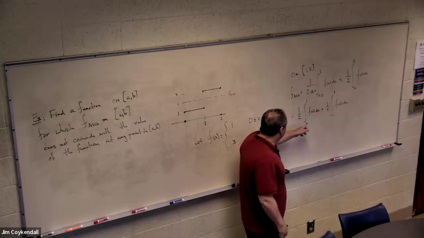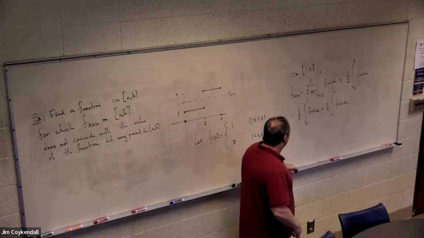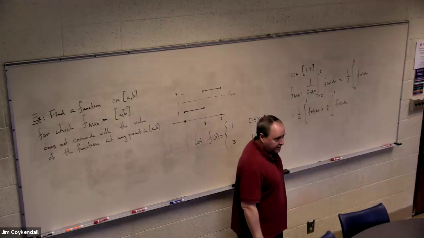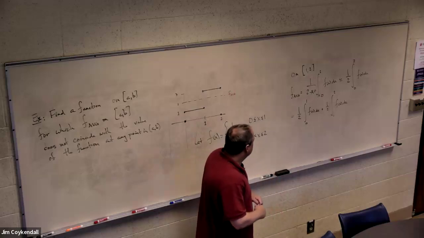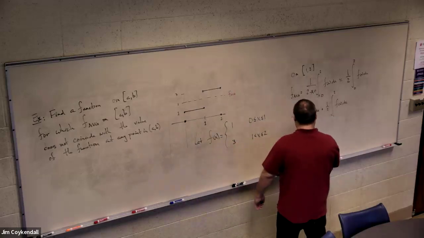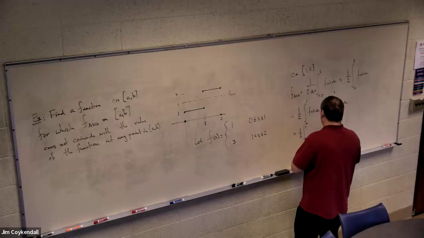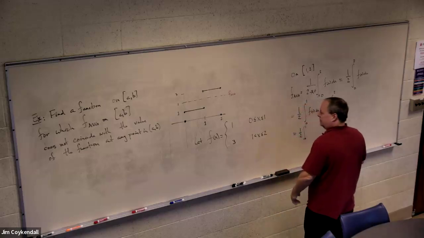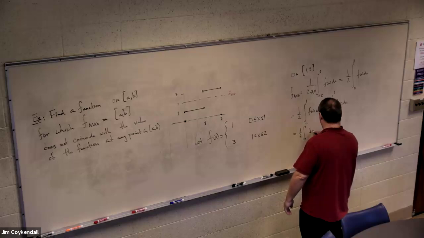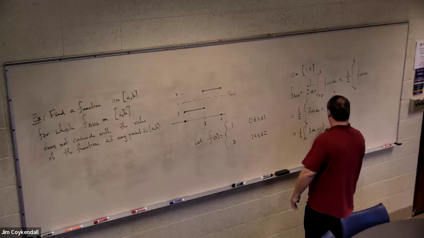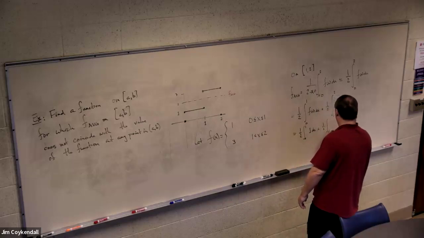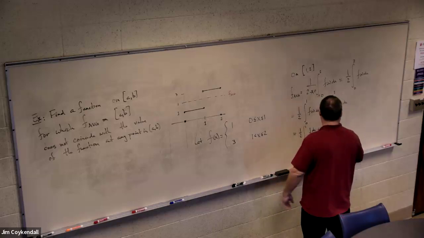I've got one rule from 0 to 1, and a new rule from 1 to 2. So let's put in my rules. This is 1/2 times the integral of f of x, which is just 1, plus 1/2 times the integral where f of x is now 3.